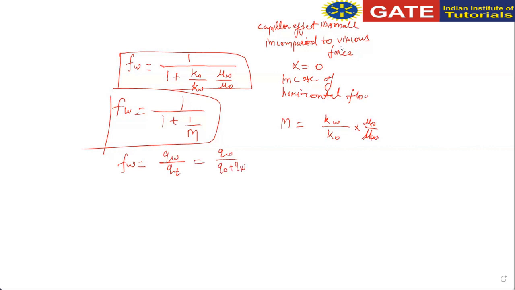So all these equations are used to calculate the fractional flow. Okay, and in terms of effective permeability, if effective permeability is not given and relative permeability is given, KO is converted into KRO and KW is converted into KRW, and mu W and mu O will be the same.